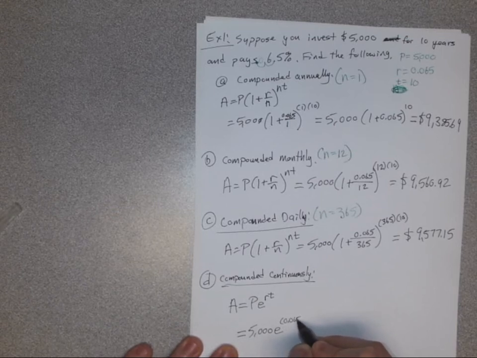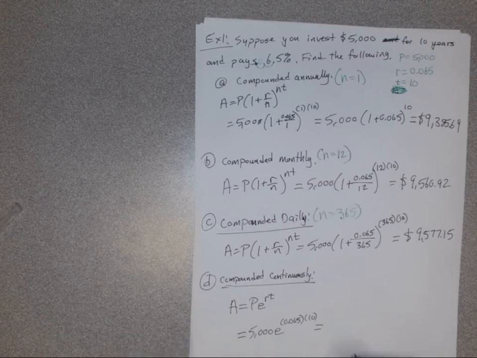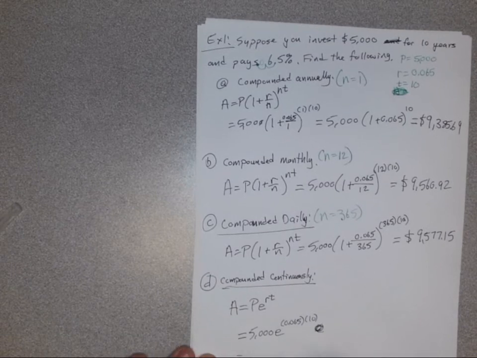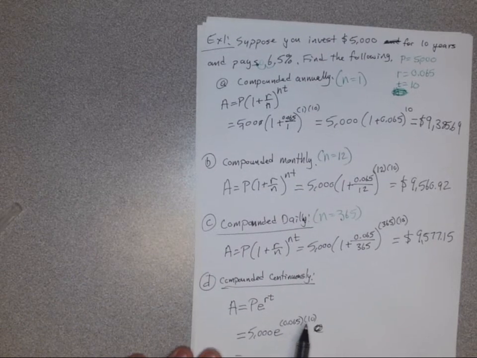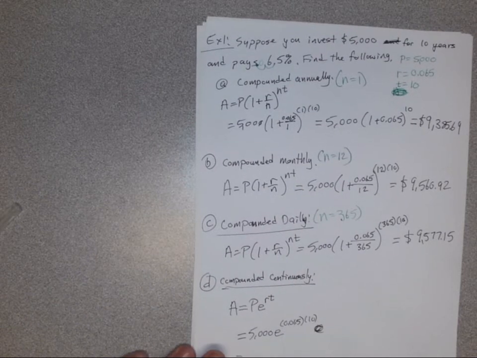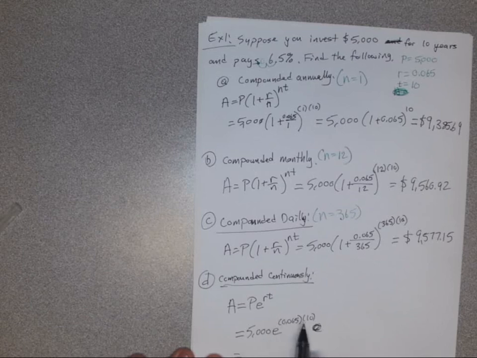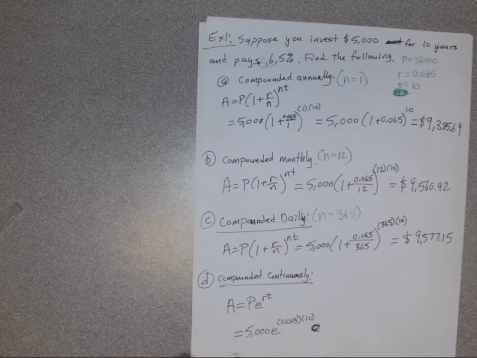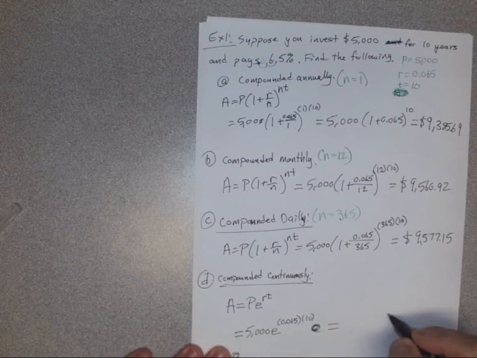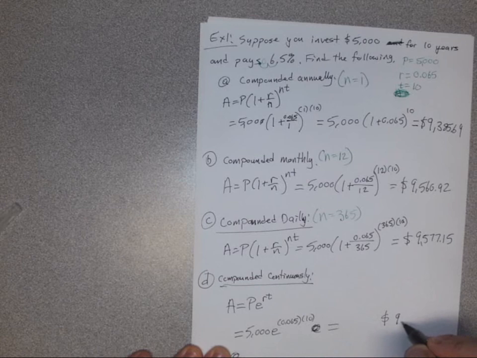R is 0.065 times T, which is 10. So the way you do this is you start with the exponent up here, multiply 0.065 times 10. That gets you a number. Then do E raised to that number, and that gets you a number, and multiply that number by 5,000. And what that gets you is 9,577.70.